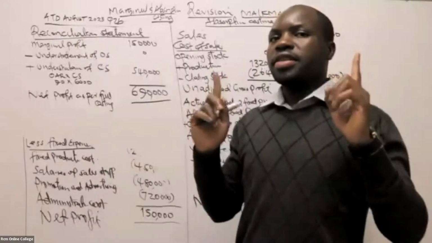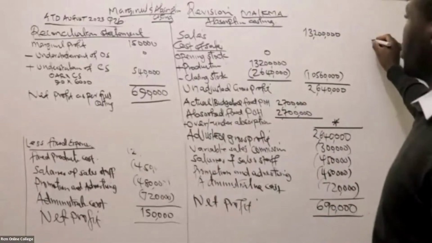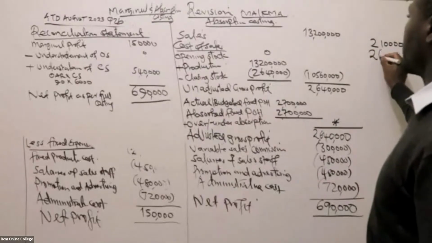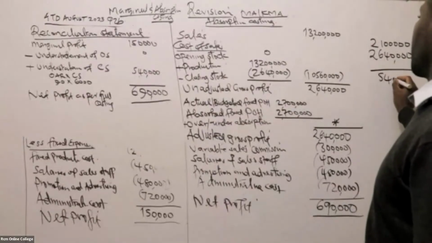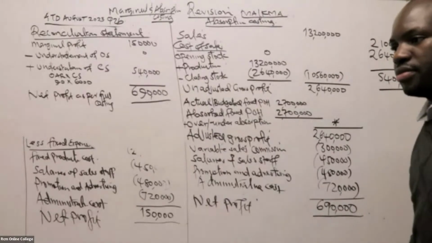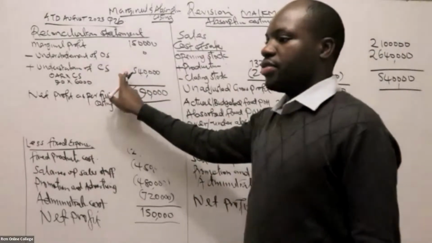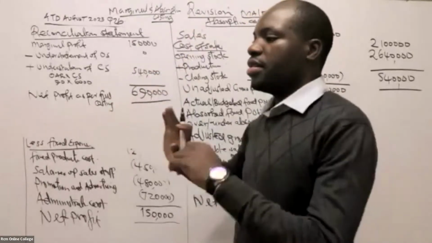Is it true that if you get the difference between the value of closing stock as per marginal and as per absorption costing, you are getting 540,000? And that is what you're actually writing here. So if that approach gives you the answer, good to go.